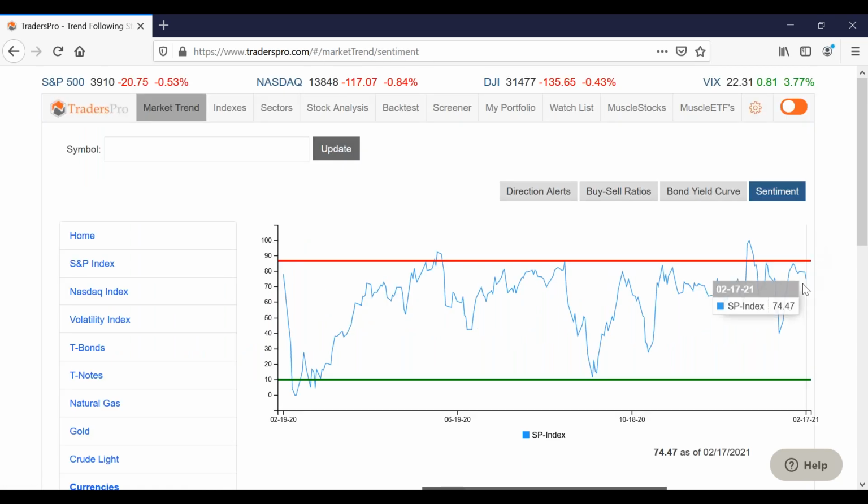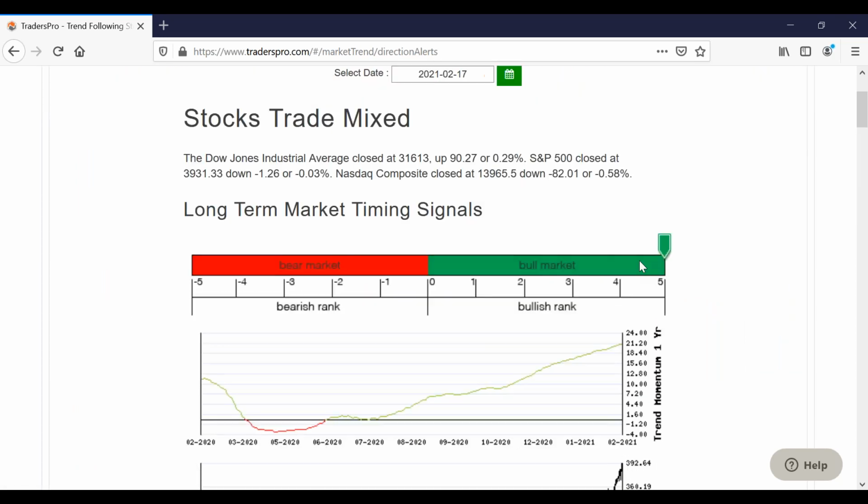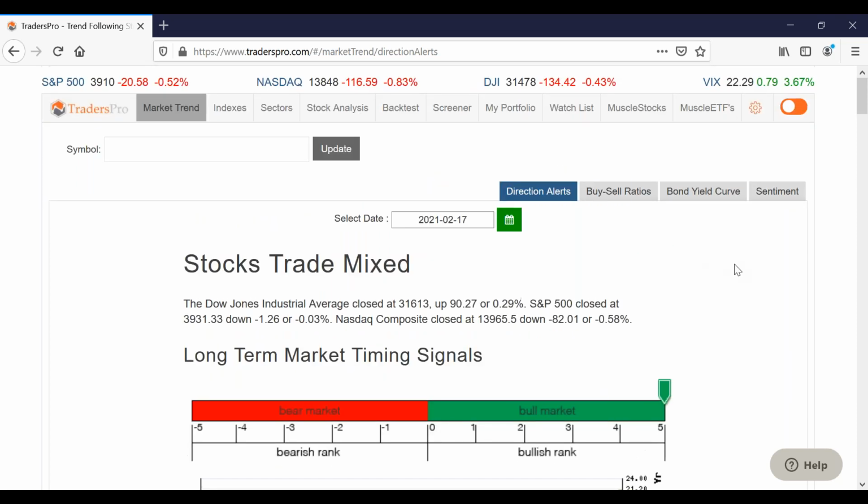But sentiment, this should back off a little bit more too. Now, again, with all these indicators, you get a day or two of a really strong move, and it could push these into extreme ranges pretty quick. But so far, I'm not seeing anything on these that's telling me that the market is overbought.